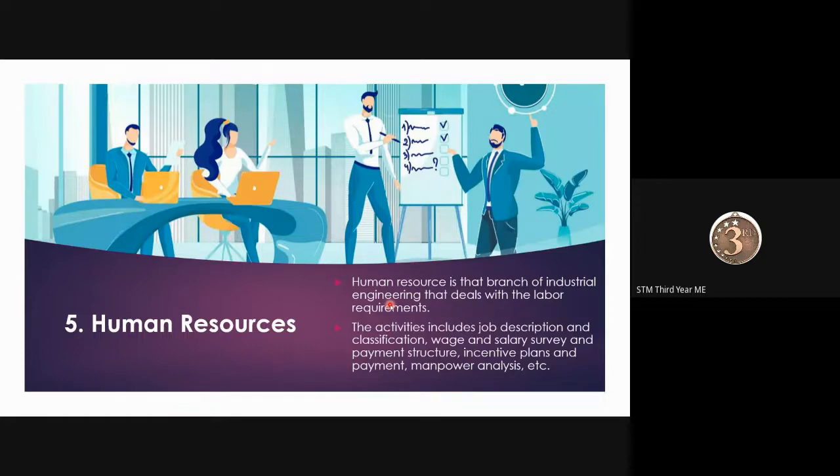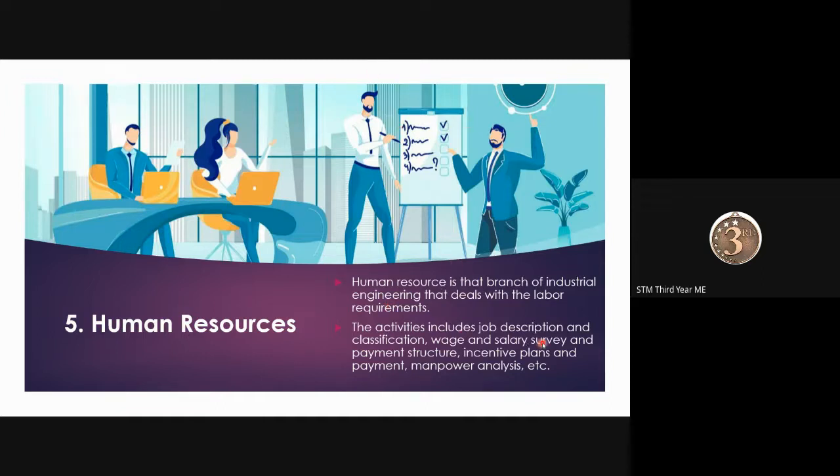Okay, so these come under human resources, and they deal with the labor requirements. For each and every purpose, what a human requires is controlled by the HR department. The department I have already told you about before, it's called the HR department, and they determine and monitor the work personnel's requirements.